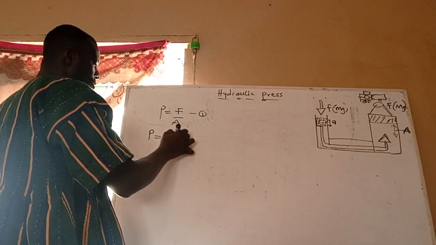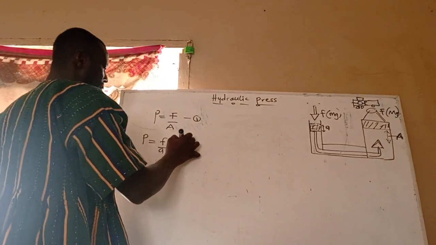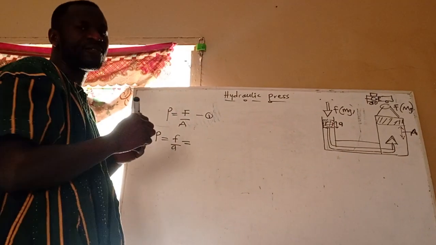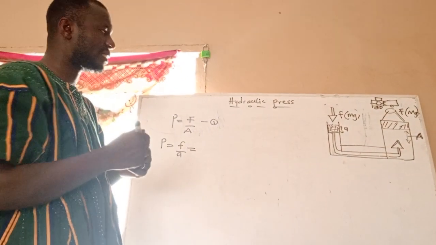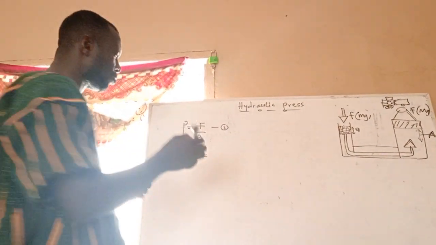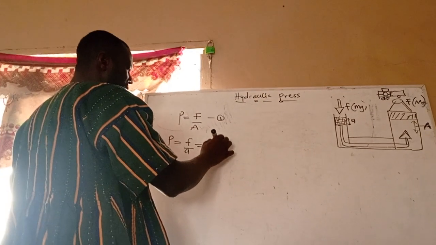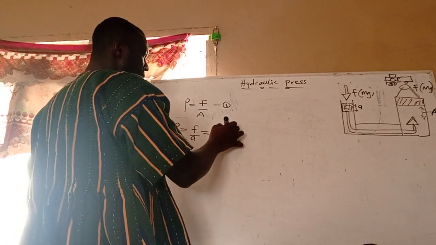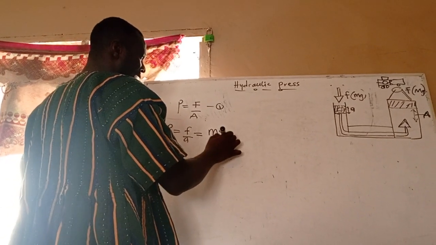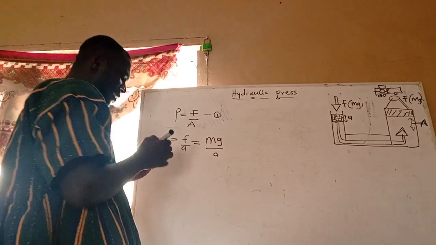Now, assuming you don't have the force and you have the mass, you can also calculate the force by using mass times g, mg, against a.